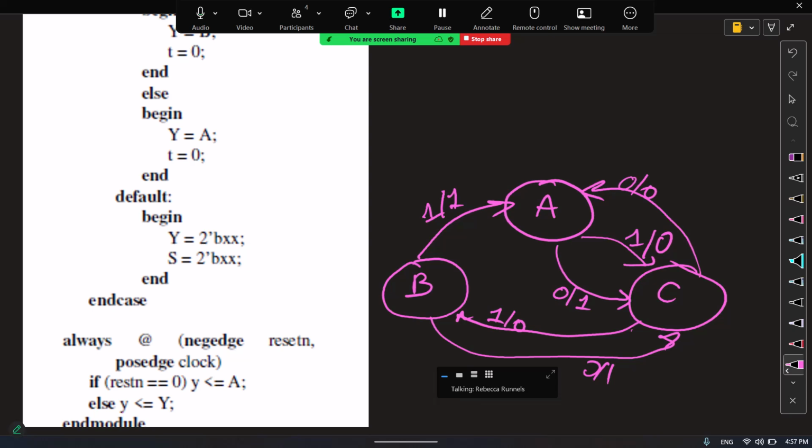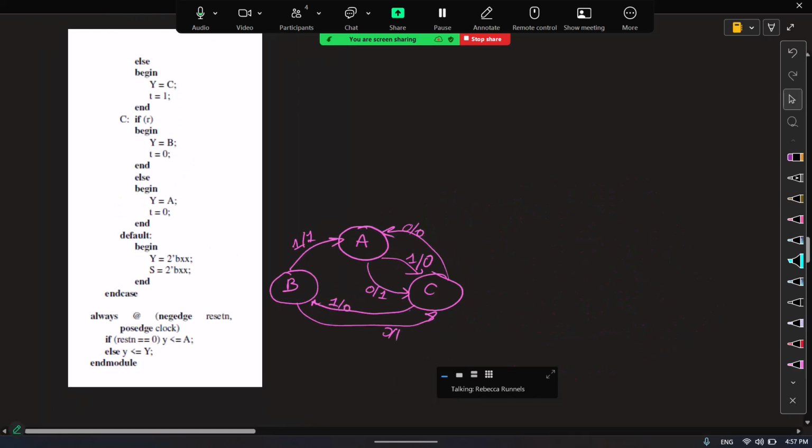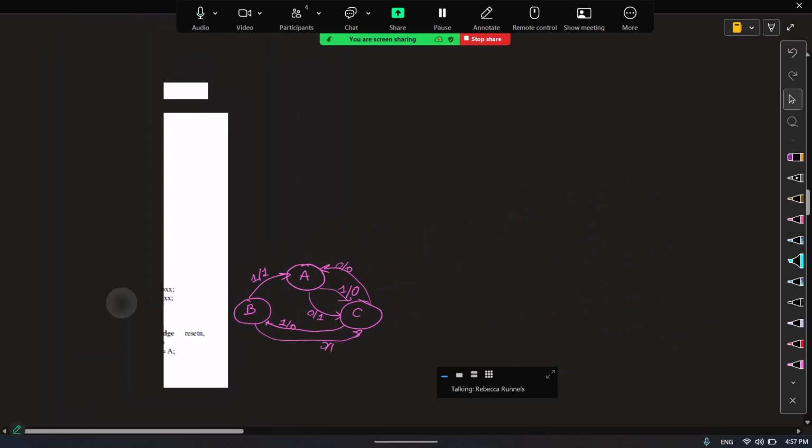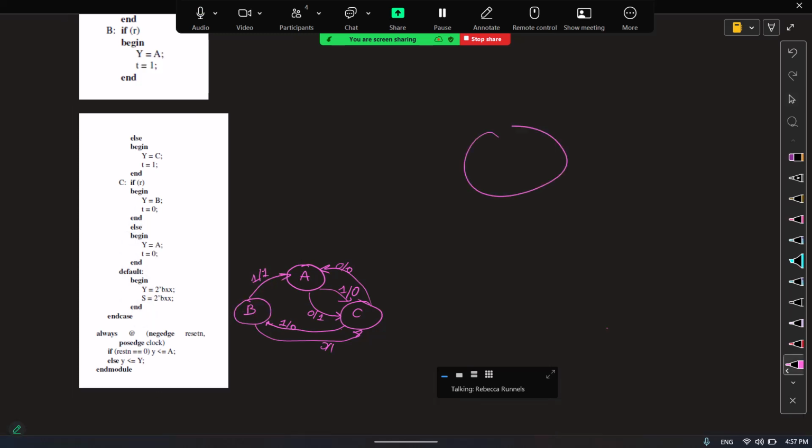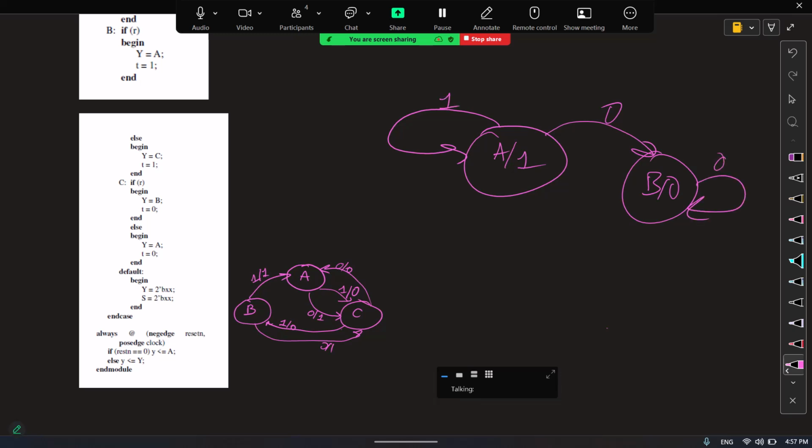Now, what if I had to go the other way on this? If I had a state diagram and I had to do the Verilog, let's say I'm going to have a real simple one. I don't have a reset.